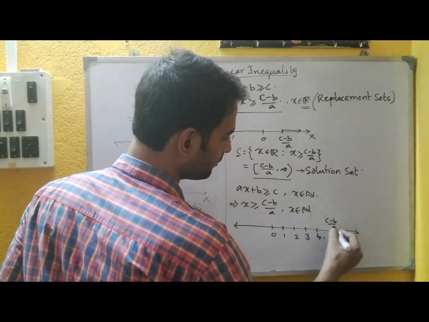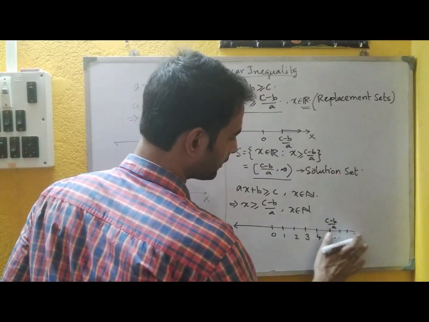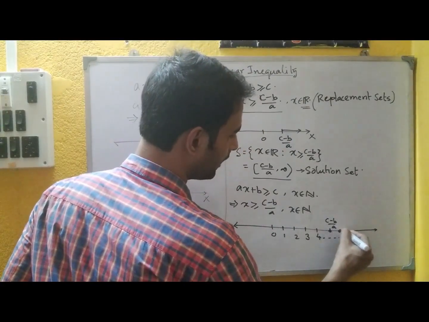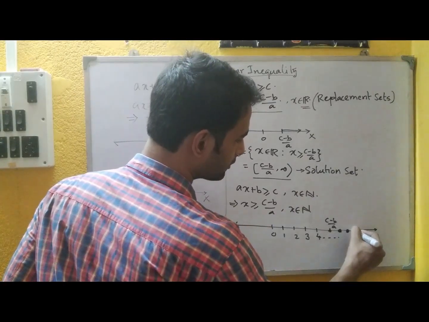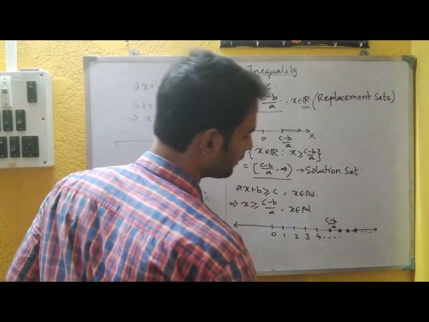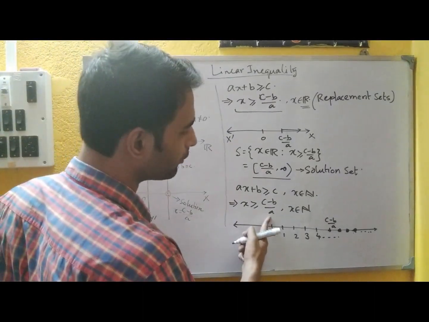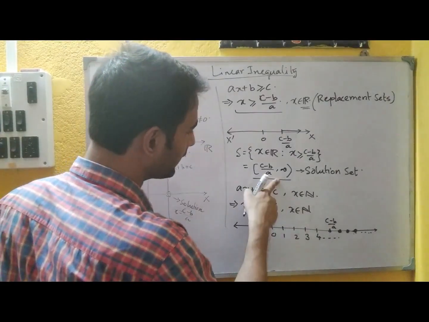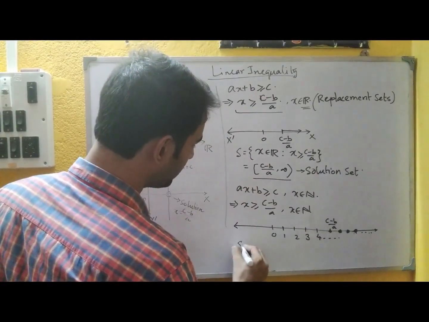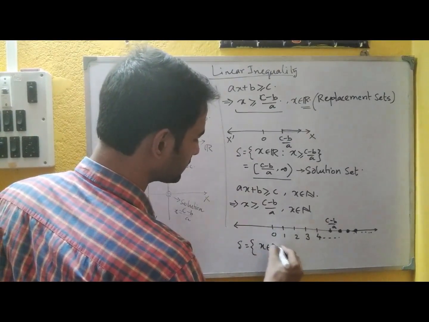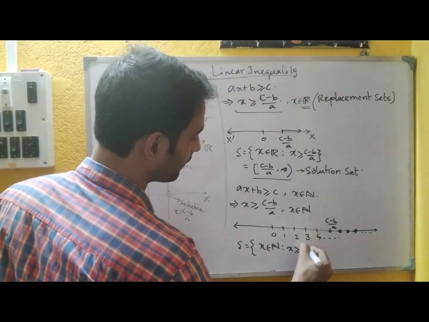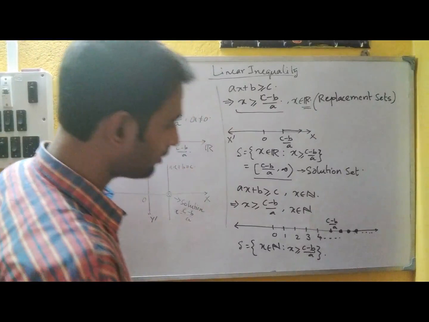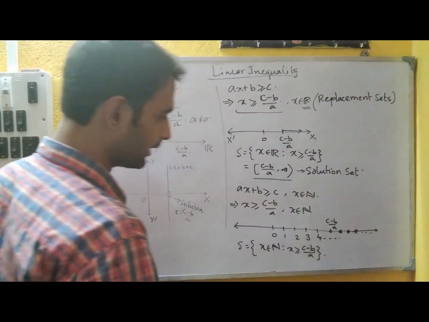So this solution will be all the natural numbers which are on the right side of this value, that is c minus b by a, and we will mark these points as black dots on the line and give a dot dot dot if there is no upper boundary for this solution. So in case of natural numbers, we cannot write it like an interval. We have to only write it in roster form like this. In the real line, that should be expressed as points on the real line.